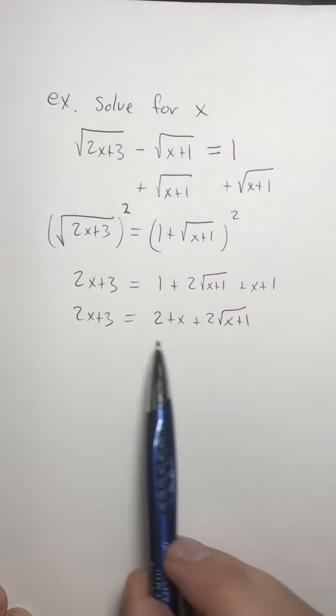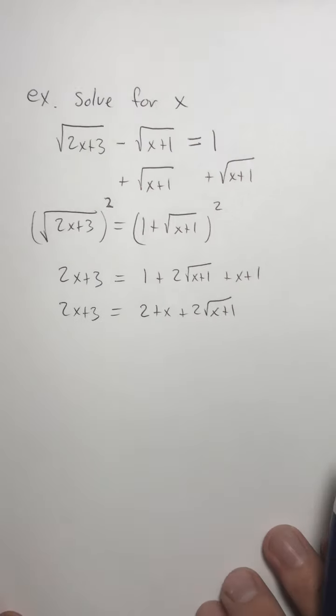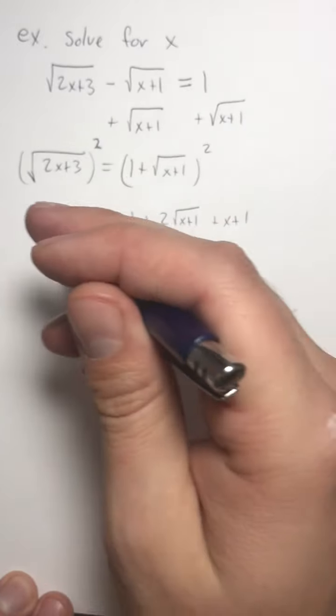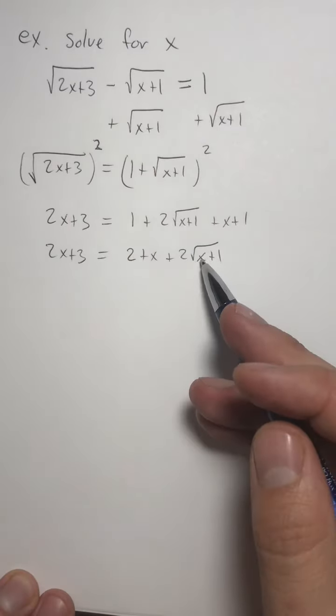So if you were given a problem that just had a single radical, you would start from this step. So we're going to isolate this radical.